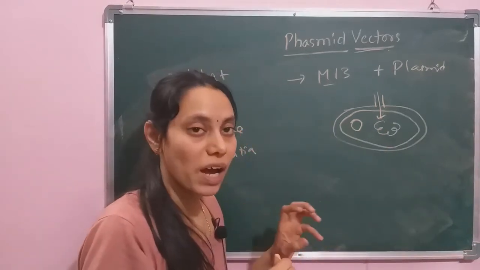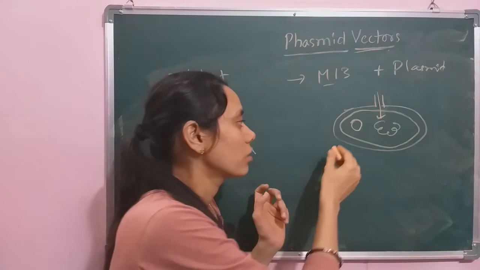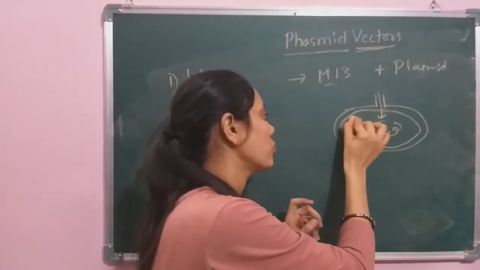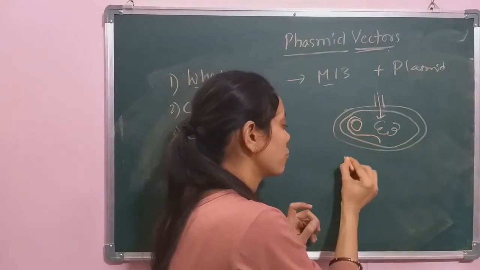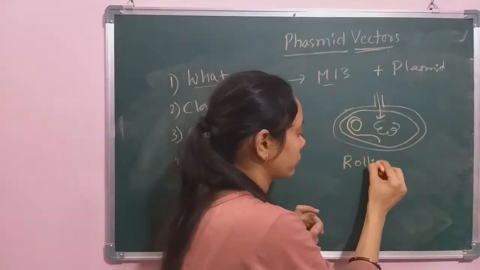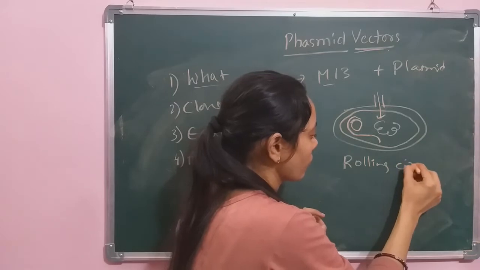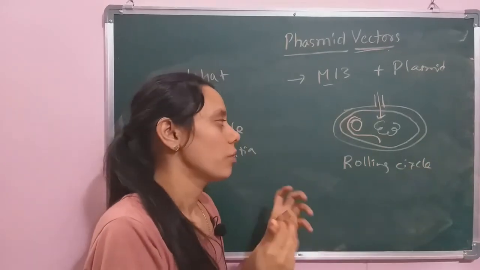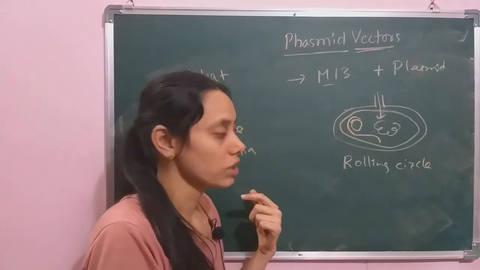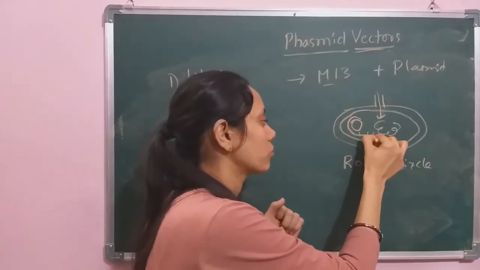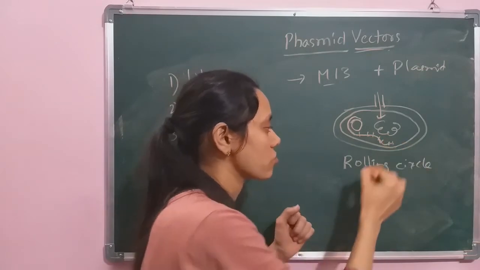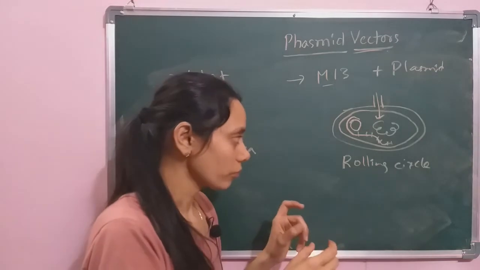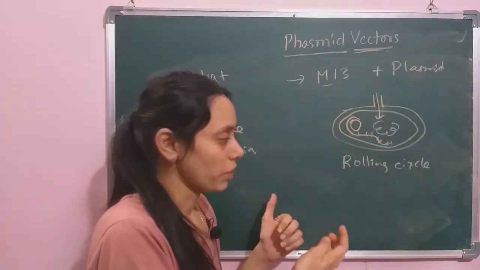it hijacks the bacterial enzymatic machinery to produce its own DNA and proteins, and the mode of replication is known as rolling circle mode of replication. By this rolling circle mode of replication, it will produce a very long stretch of DNA which has single units of the viral DNA particles.